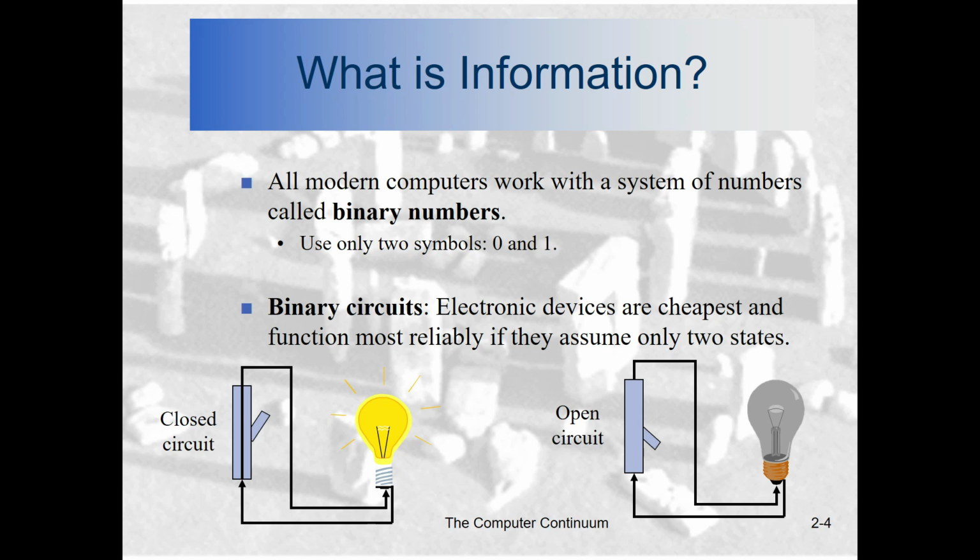If you have not studied that, I would recommend you check that out as well. So there's a simple analogy: a switch which, when it is open, turns off the light, and when it's closed, turns on the light.